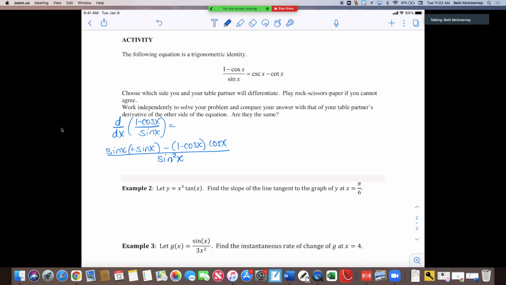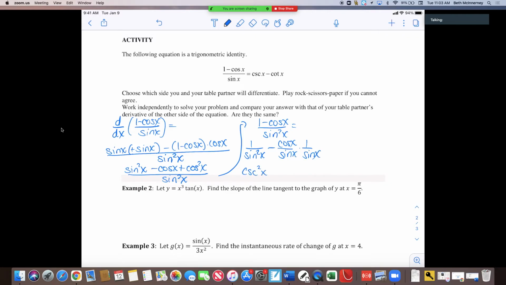All right, I'm starting the left side. I'm using my quotient rule. Okay, left side people, did you get this?